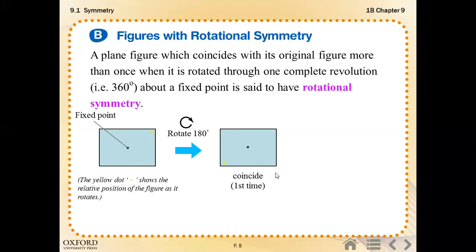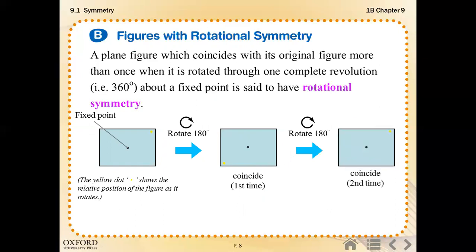And you can get the same blue rectangle. And another 180 degrees, so you get the same rectangle again. And this fixed point is called the center of rotation.